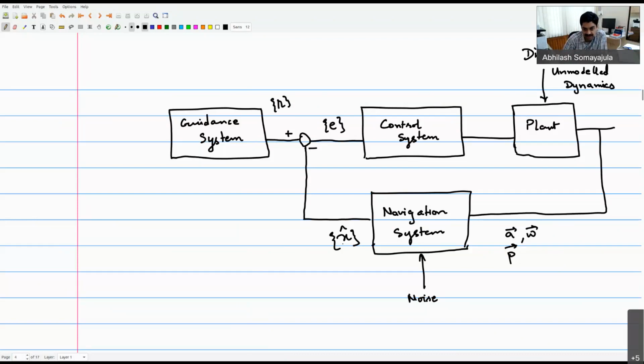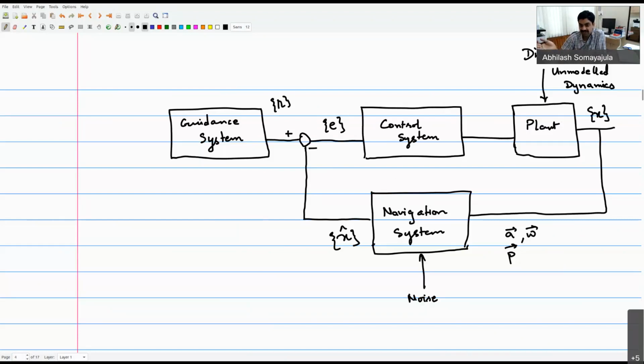So we take r minus x hat, that becomes the error, which is fed into the control system. Based on the error, the control system takes an action in order to figure out what is the actuation input which I need to provide to my plant, and then the plant basically starts to do an action, and its output is the actual output of the plant.